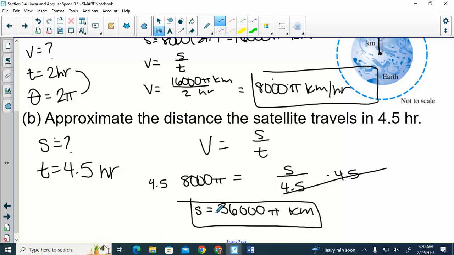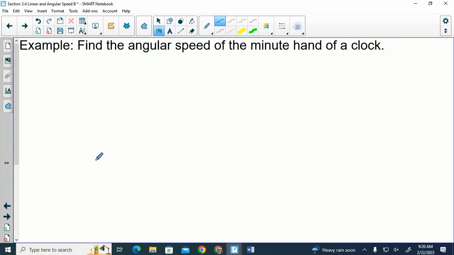Let's do just a couple more and then give you guys some time to try some on your own. Find the angular speed. Angular speed is what variable? Omega. Of the minute hand of a clock. That's not a lot of information. We know that omega is theta over t.